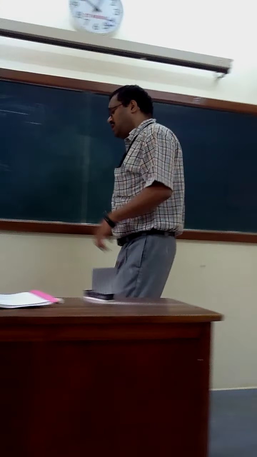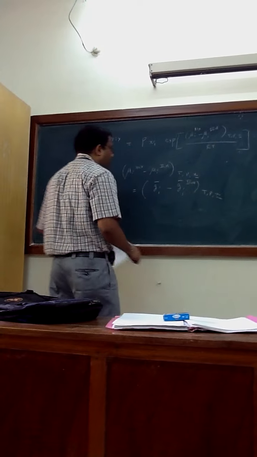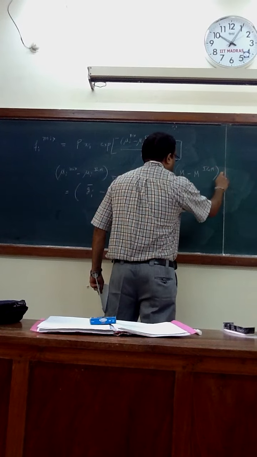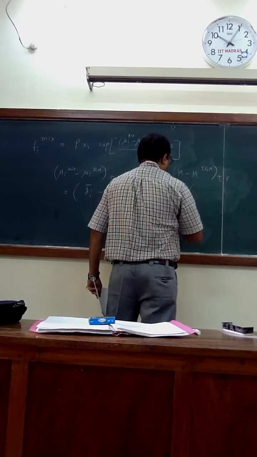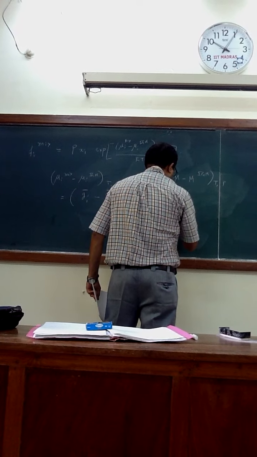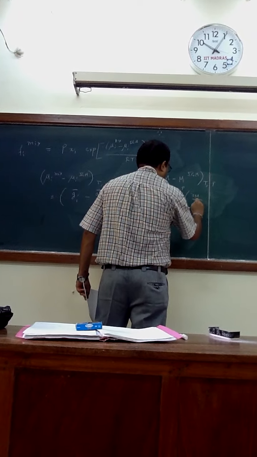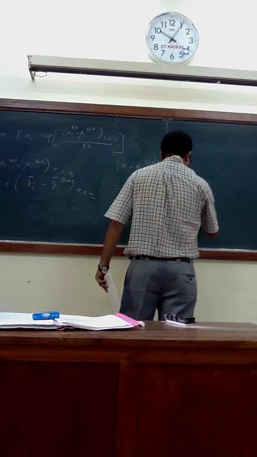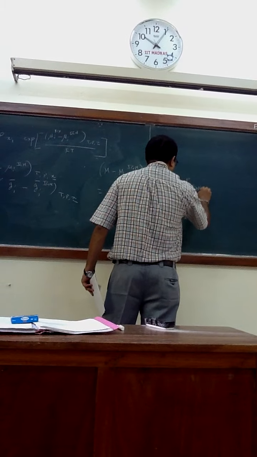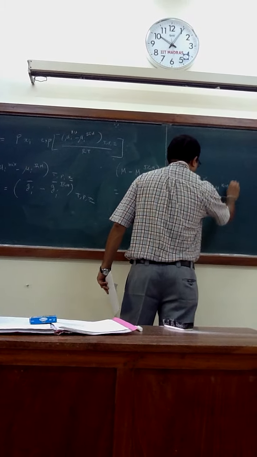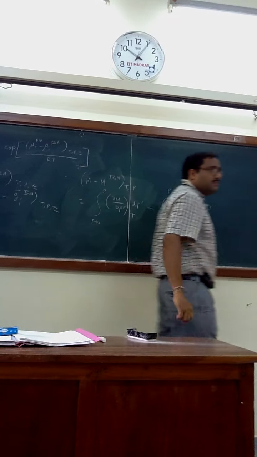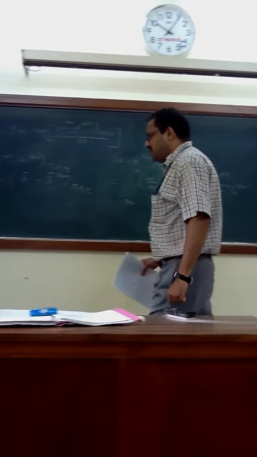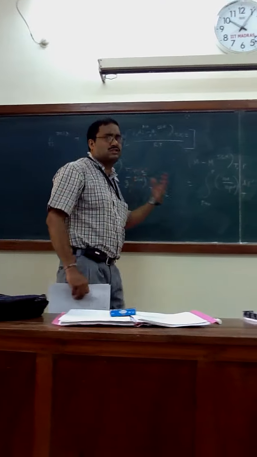For the overall mixture departure, M minus M igm at T, P, we take the integral from P prime tending to 0 to P of (dou M by dou P prime at T, P prime) minus (dou M igm by dou P prime at T) dP prime. This talks of the homogeneous system.